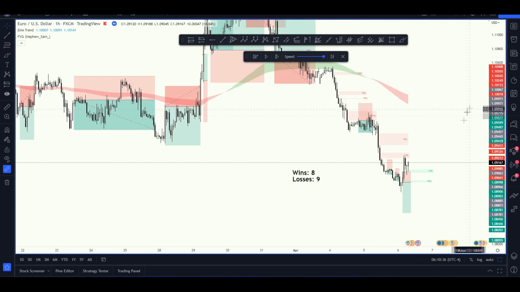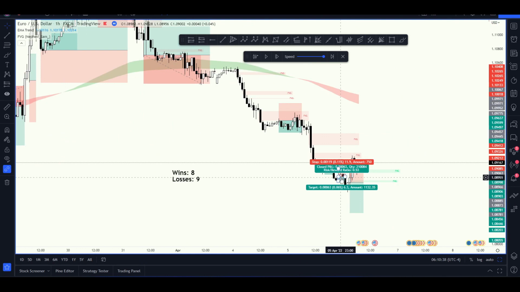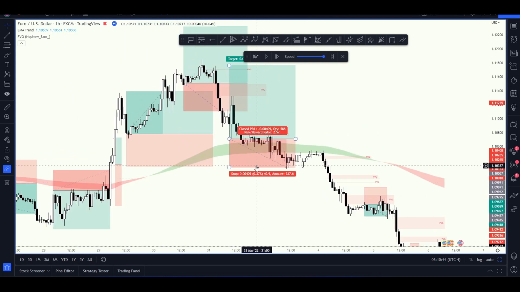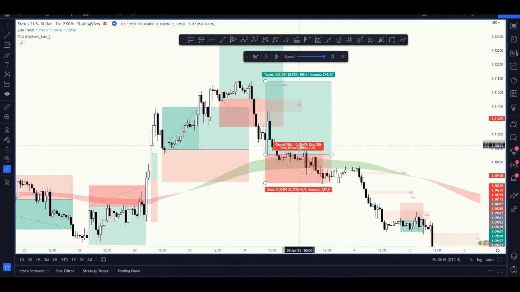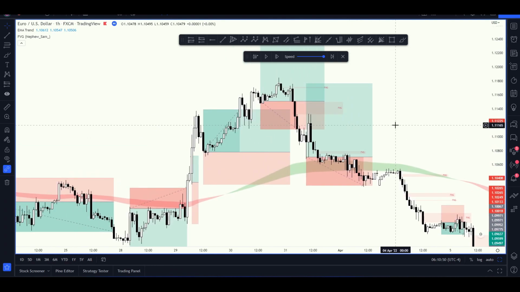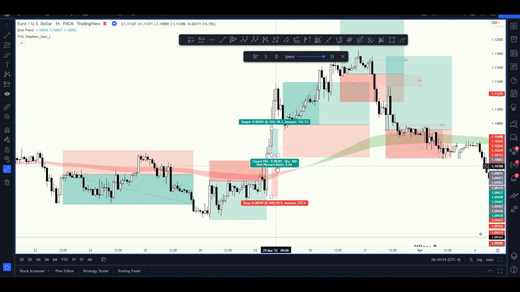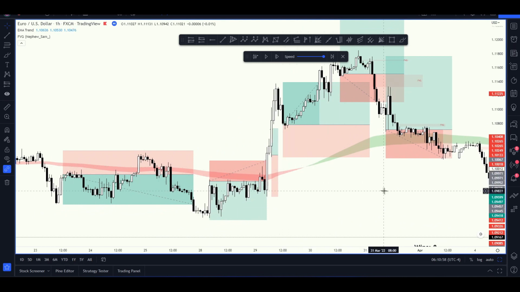As you can see, the winning trades had like 1.5, 1.44, 1.7. Yeah, the losing trades had a much bigger risk to reward, but we didn't actually hit the take profit. So what is the point of it? Look at this trade, 1.6 risk to reward ratio.